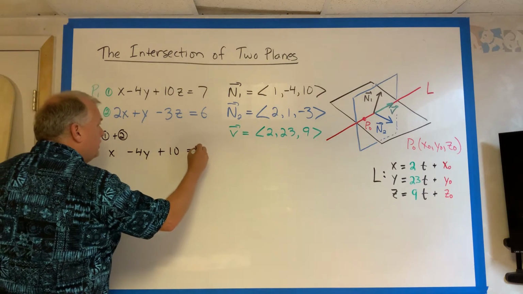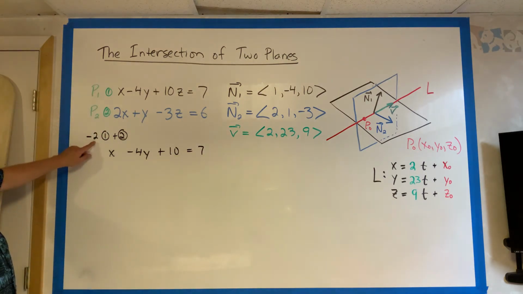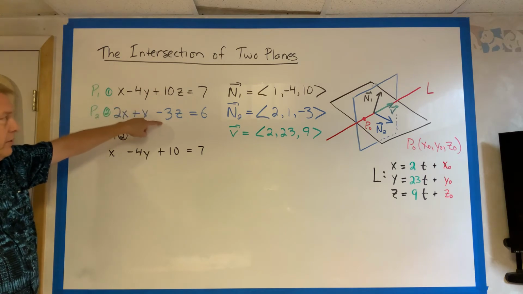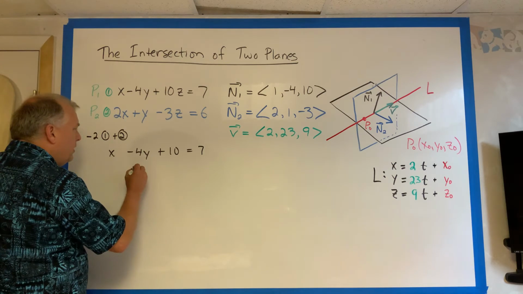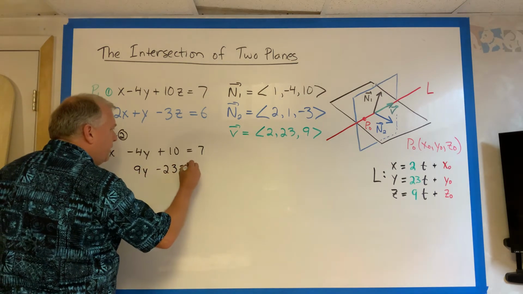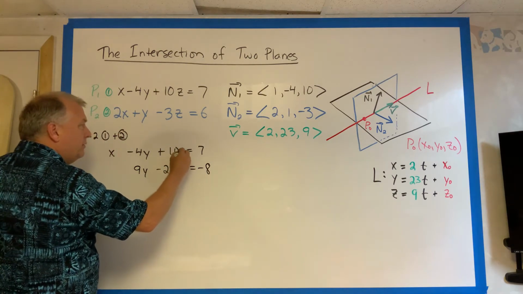First equation untouched, but second equation, add 2 copies negative of the first equation. 0, 9, -23, and -8. No x's, 9 y's, minus 23 z's, and -8. There's a z right there I left out.